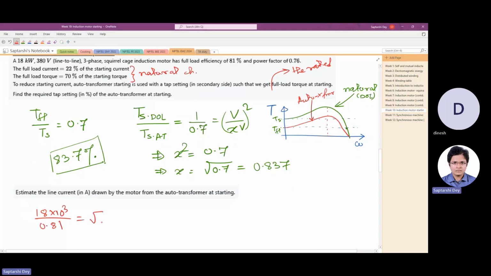This is equal to root 3 times VL times IL times cos phi. Now if you solve this, what are we getting as a line current? Should be somewhere close to 44.43.